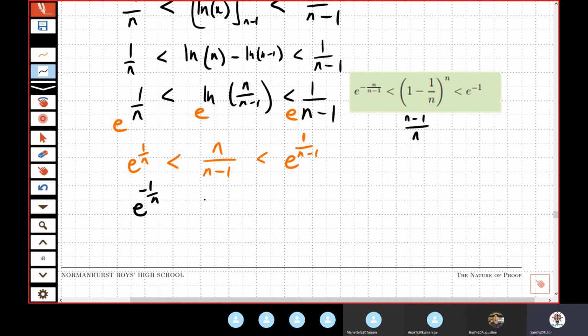Now, if you reciprocal something, think about again: if 3 is less than 4 is less than 5, is it true that a third is less than a quarter is less than a fifth? No, a third is bigger than a quarter, bigger than a fifth. So you got to be careful. So then that becomes like this, which we will rearrange in a second.